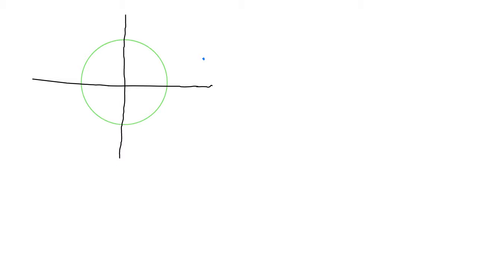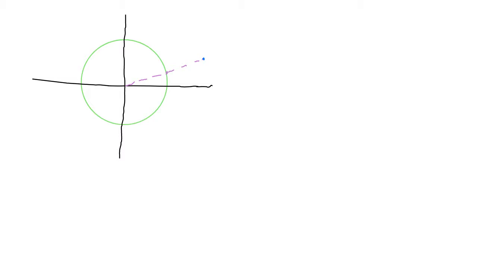Okay, let's go, this time purple. This is what you're supposed to do. You're supposed to connect that point to the origin, which is the center of the circle, and then you have to find the projection on this line, which is here.